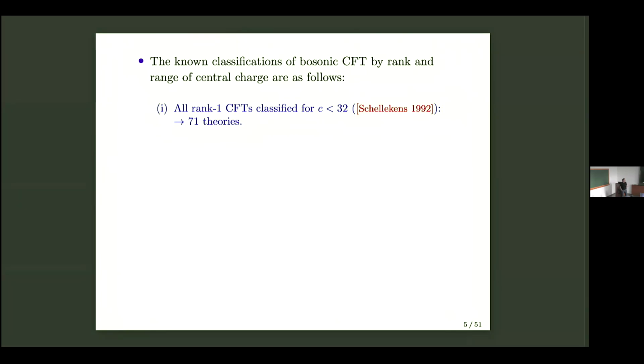These two groups are famous because the existence of a rank 1 CFT at central charge 16 is the basis of the invention of the heterotic string. In the heterotic string, you're matching left movers and right movers in different numbers of dimensions. The mismatch of dimensions is 16 because one side is 26, one side is 10.